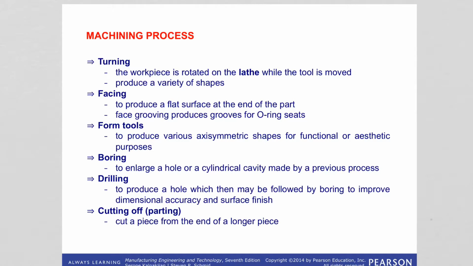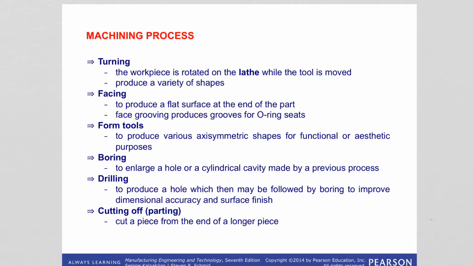The part, or your blank, can come from various processes like casting, forging, extrusion, drawing, etc. These turning operations are again performed on a lathe, like the other operations we're gonna see, using machine tools.